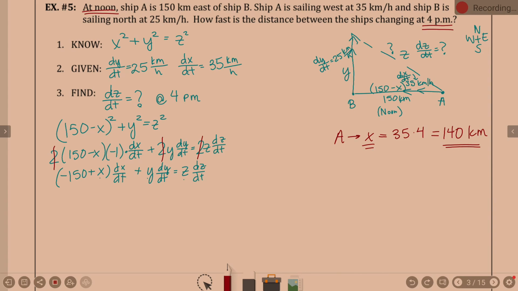We also need to know y, which is going to be ship B. Ship B is traveling 25 kilometers per hour. Over the course of 4 hours, 25 times 4 is 100. So ship B, or the y distance, is going to be 100.